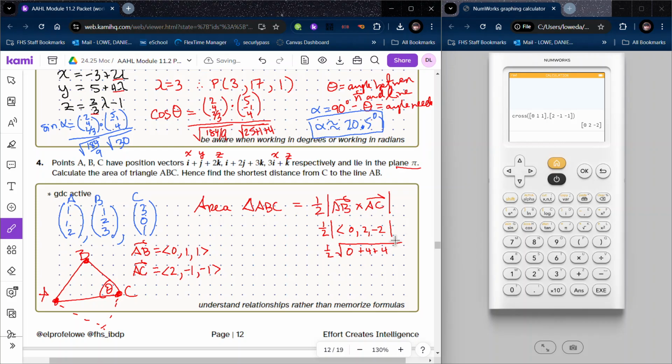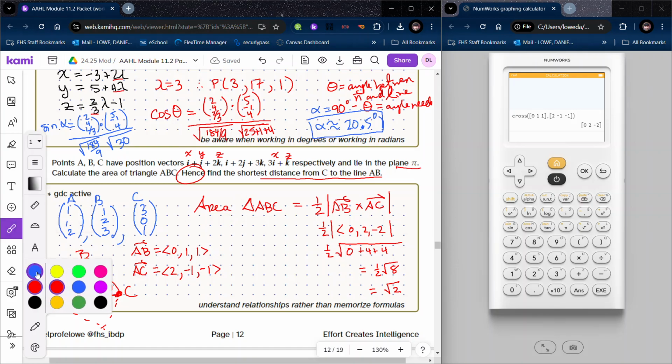Okay, so what does that mean? That means that the area of the triangle is equal to 1/2 the square root of 8, which is nothing more than the square root of 2. So, how can I use that to find the shortest distance from C to AB? Well, let's draw in an altitude. What do we know?